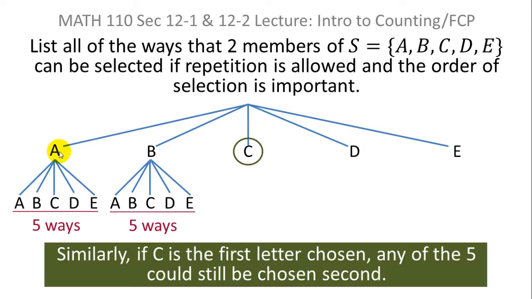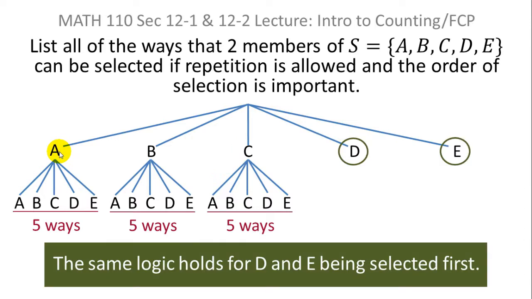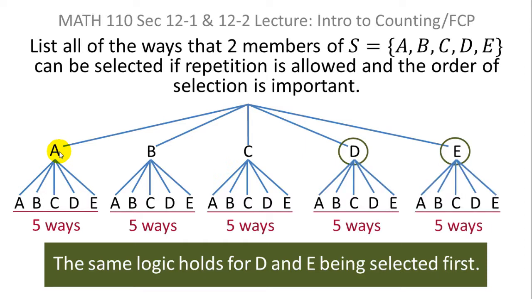Let's move to C. Same idea. I can choose C again, and the order does matter. So even though I've already chosen AC and BC, I can choose them again as CA and CB because order matters. By now you've sort of seen the pattern. It's going to follow through for D and E. I've got free reign for both.